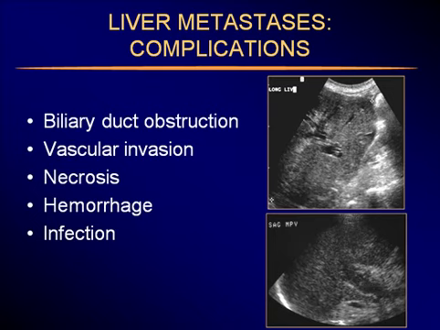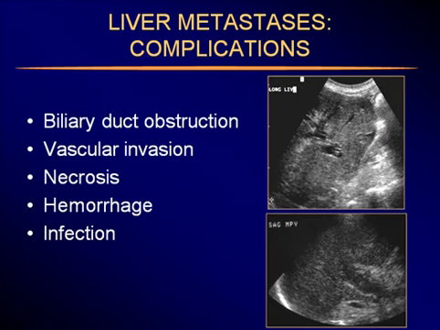Before I close, I just would like to remind you that when you have a case of liver metastases, you should always think a little further to see, are those metastases causing any complications, such as segmental biliary obstruction. You should double check the vessels. Are the metastases invading vessels?